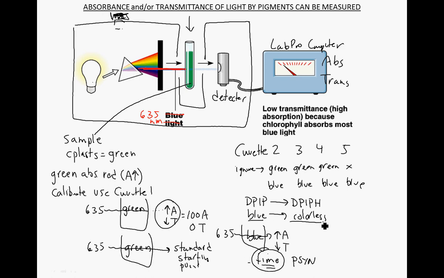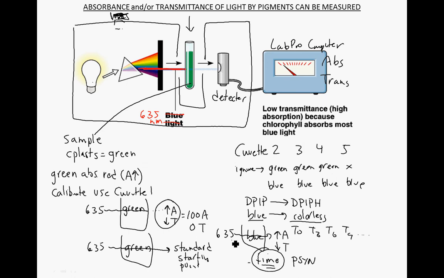So at specific time intervals, we're going to take our cuvettes and put them into the colorimeter where 635 is being shot at that sample, and we're going to know the absorbance at time 0, at 3 minutes, at 6 minutes, at 9 minutes, etc. What should that absorbance be doing? This is a rhetorical question now. What should the absorbance of 635 by the DPIP be doing?